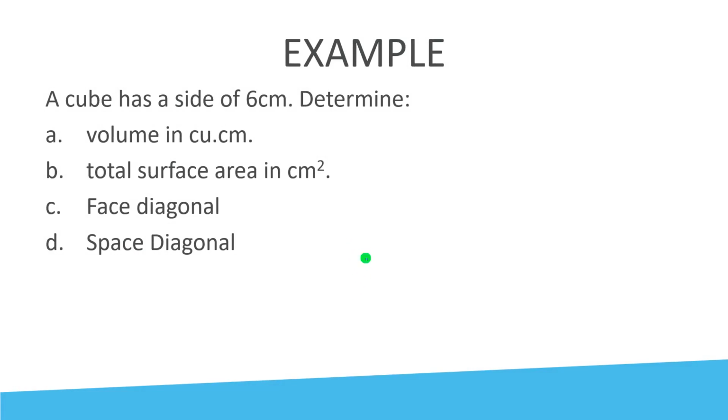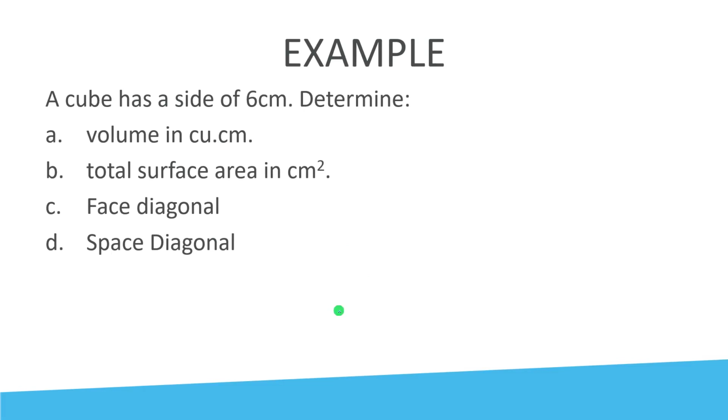A cube has a side of 6 centimeters. Determine the volume in cubic centimeters, total surface area, face diagonal, and space diagonal. I think we need not draw this.